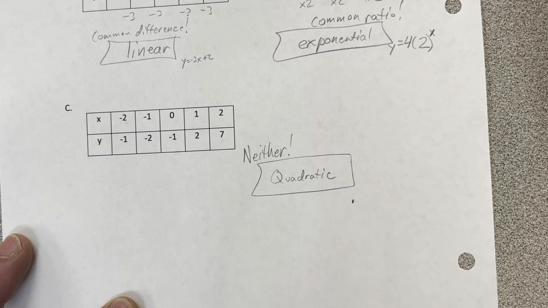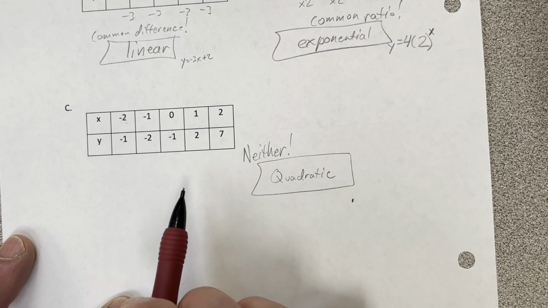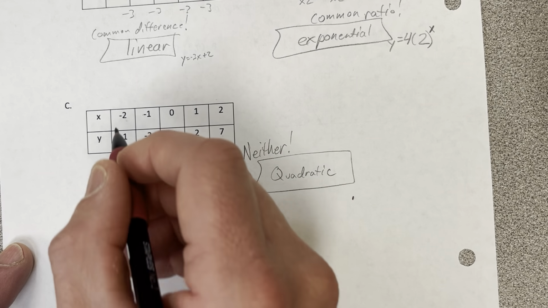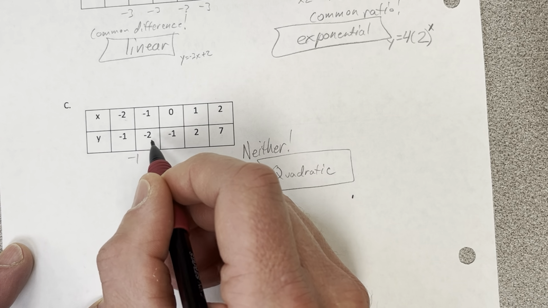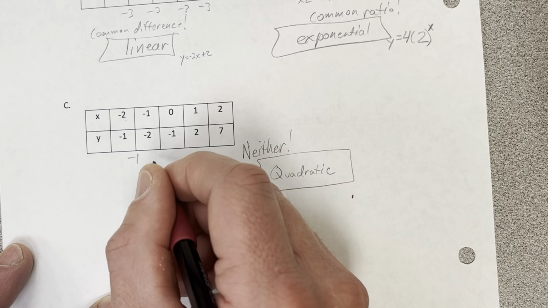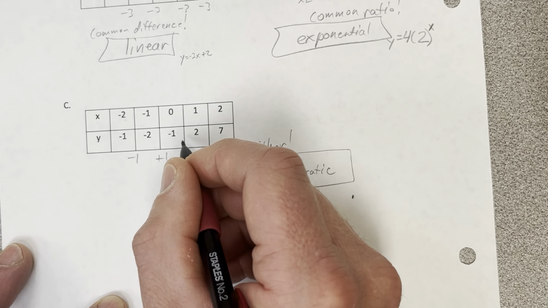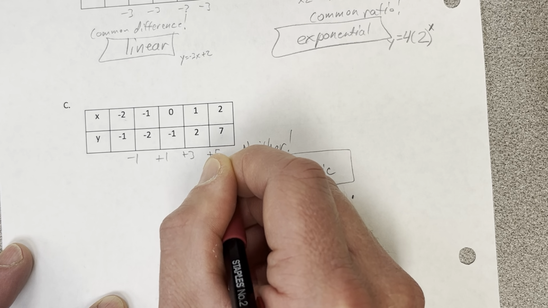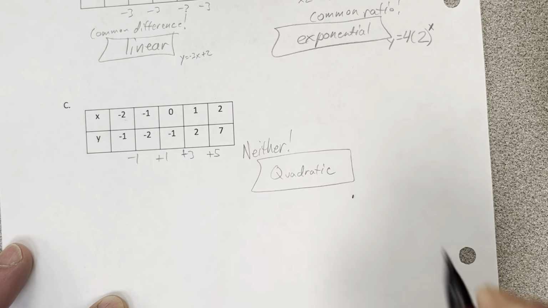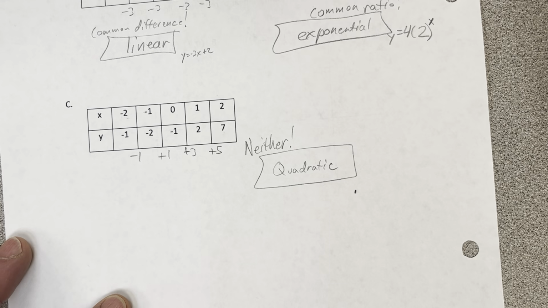But here's the interesting thing. Let's get the difference between each one. So you would subtract 1 to go there. Negative 1 minus a negative 2. That's plus 1 to go there. You'd have to add 3 to get to 2. You'd have to add 5 to get to 7. Notice nothing's in common there.